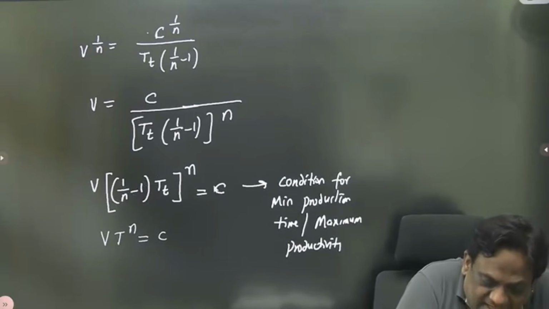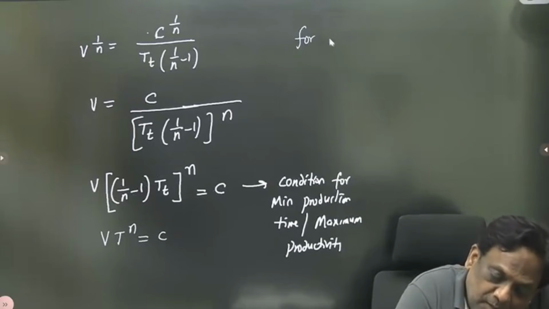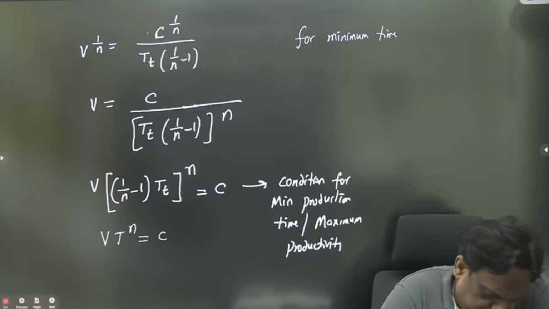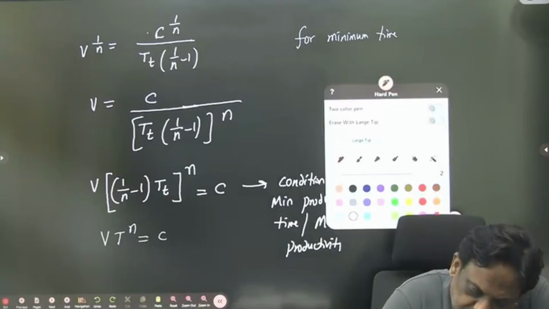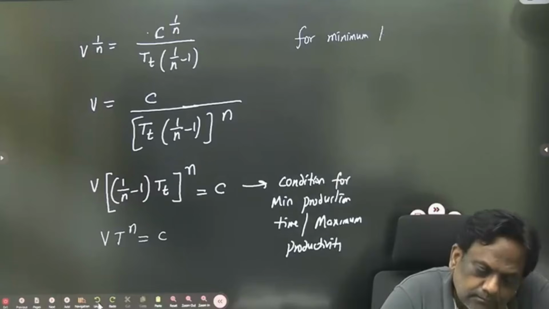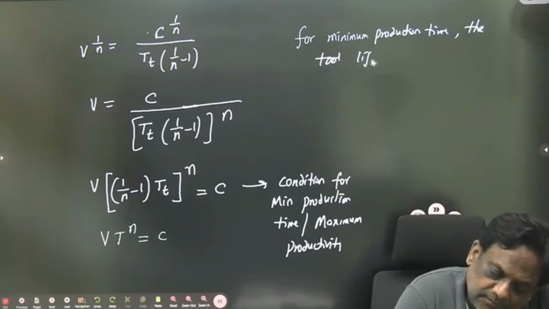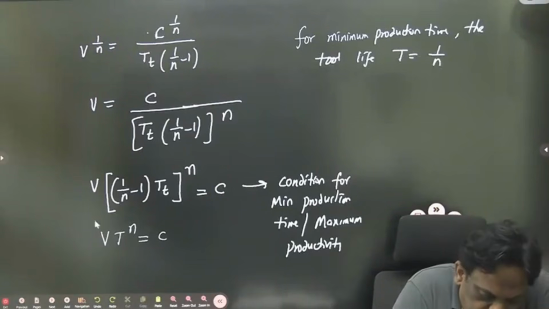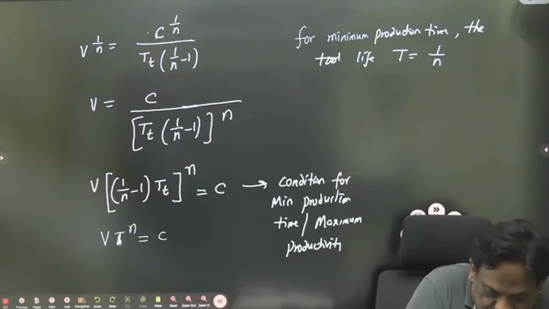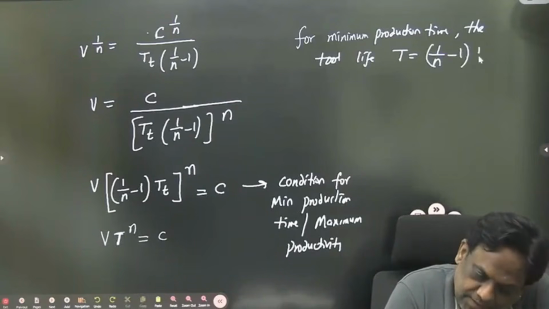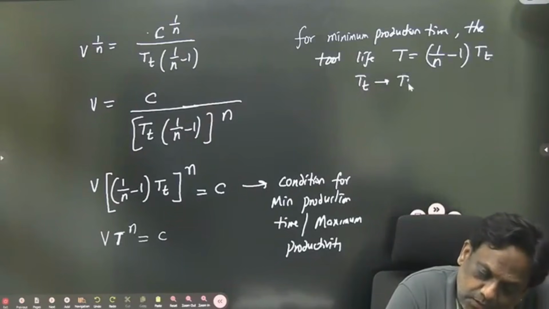This V T power n is constant, so therefore for minimum time, for minimum production time, बहुत बढ़िया कॉन्सेप्ट है सर। For minimum production time, the tool life T is equal to, देखो V के प्लेस में V है, C के प्लेस में T power n, T के प्लेस में क्या है, 1 by n minus 1 into TT, where TT is tool changing time.